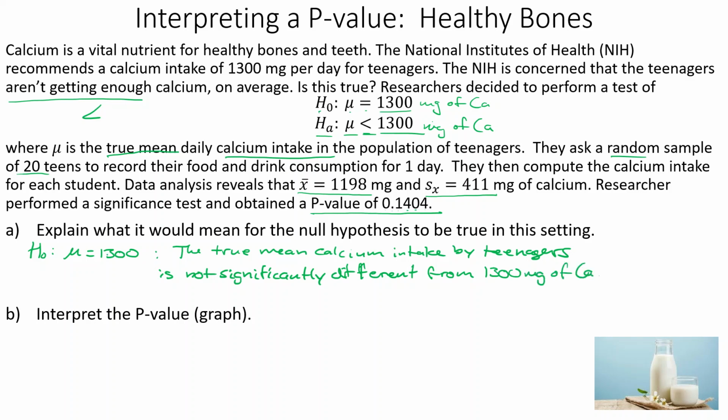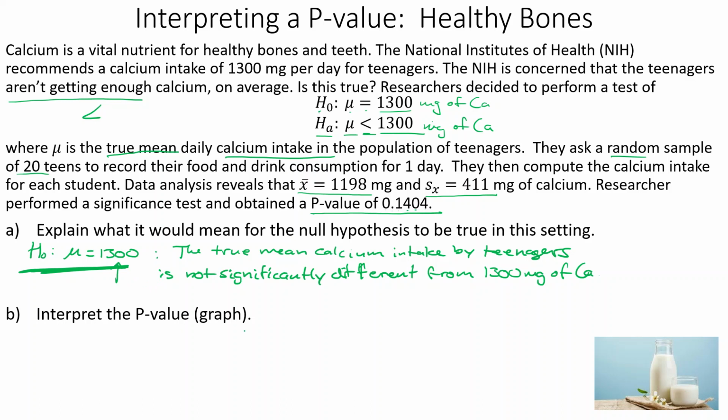So if this null hypothesis is true, that means the population mean calcium intake by teenagers is not significantly different from this 1,300. It's pretty close to that 1,300.